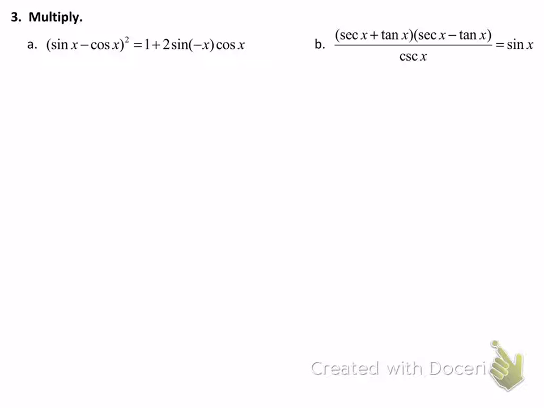Okay, so now we are going to multiply. If I have sine x minus cosine x squared, I'm going to write that twice. And what I'm actually going to set this equal to is my right-hand side. Even though you might think they both look complicated, I can work more with the left-hand side. So I can write sine x minus cosine x and just write it twice.